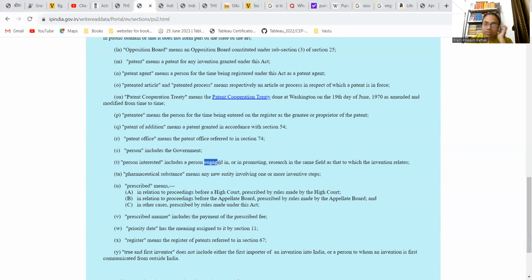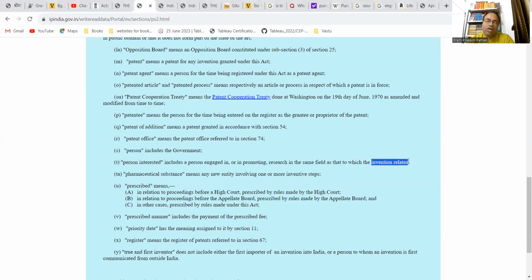If he is engaged in the research, he is a scientist engaged in research, or is promoting the research, which could be a company that is funding or working on the research, or a person in a university working in the same field. This is important: the same field as the invention to which it relates. So this is the idea.